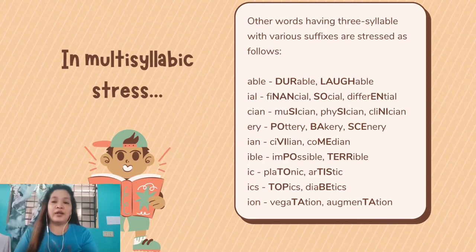And on ery, we have poetry, bakery, scenery. In ian, we have civilian, technician, comedian. Those are the examples for three-syllable words with various suffixes.